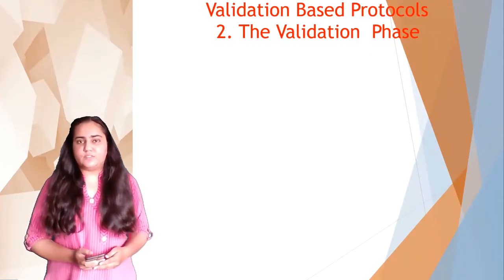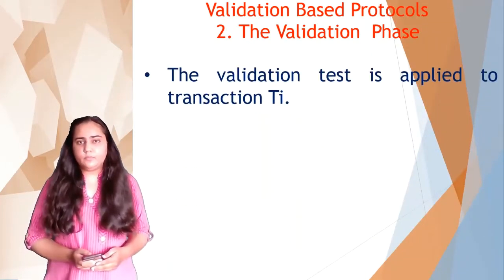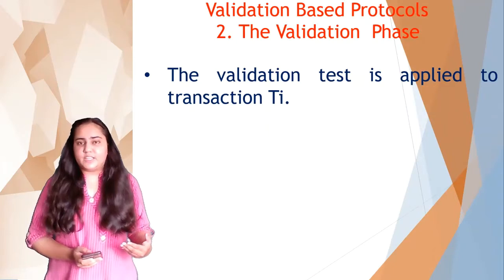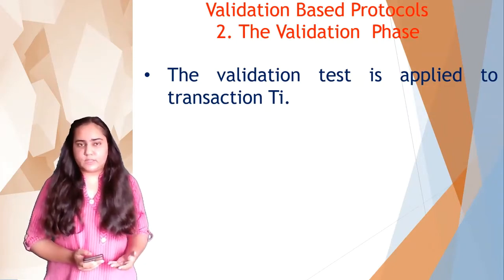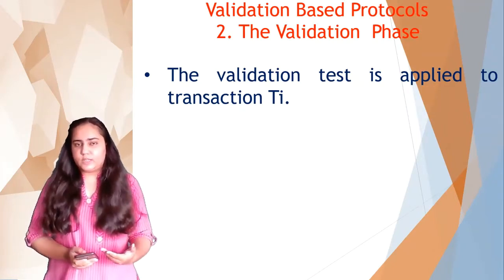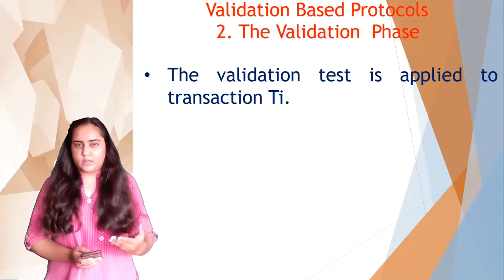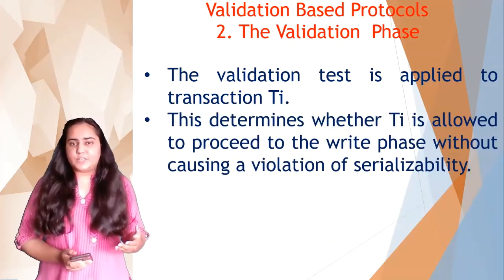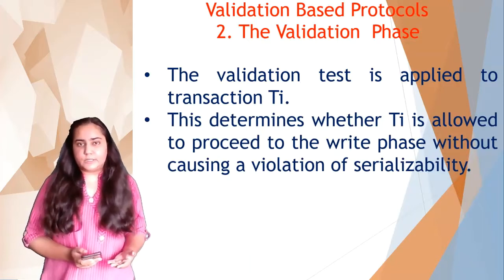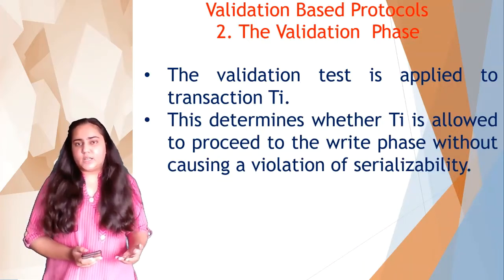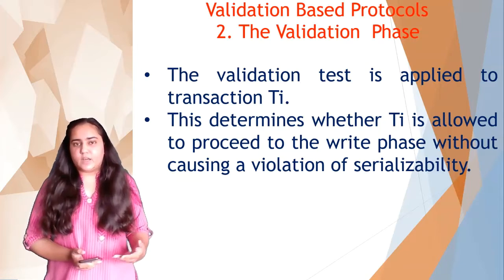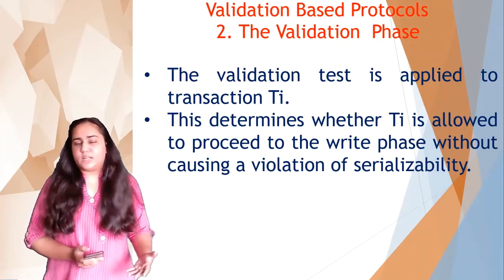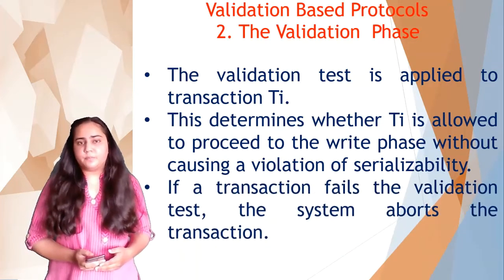This phase is known as the validation phase. In this phase, a validation test is applied to the transaction TI, and I'm going to tell you what that test is after a little while. If the transaction passes the validation test, then TI is allowed to proceed to the write phase without violating any serializability problems.